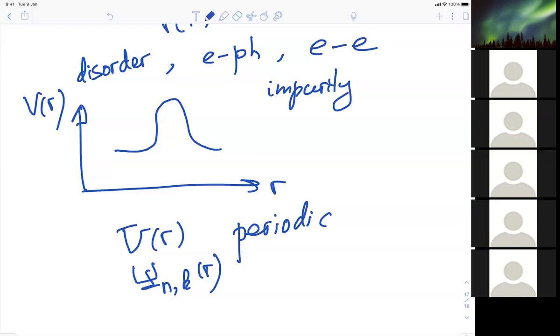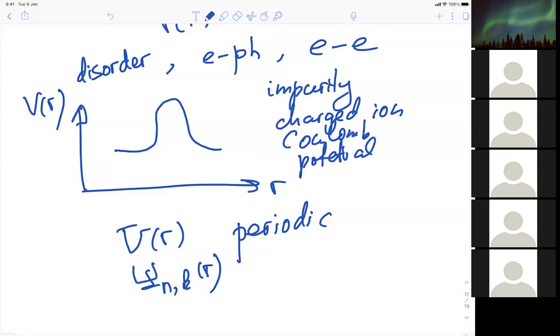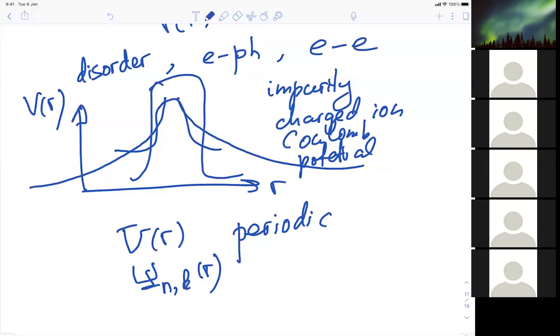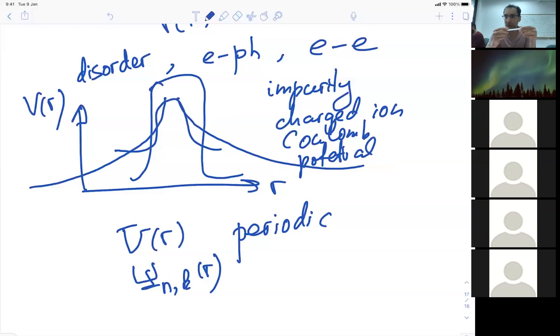As for physical realizations, it may be an extra ion, in which case this impurity will be a charged ion with a Coulomb potential, so V of R will have power-law long tails. It can be a neutral atom, in which case this will be a short-range potential. These are details that are important for interpreting this or that experiment. However, right now it's not terribly important.